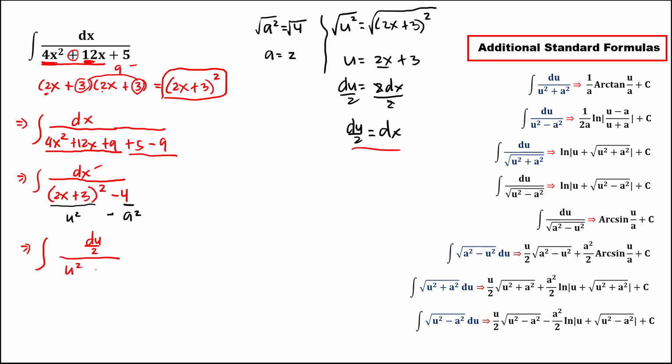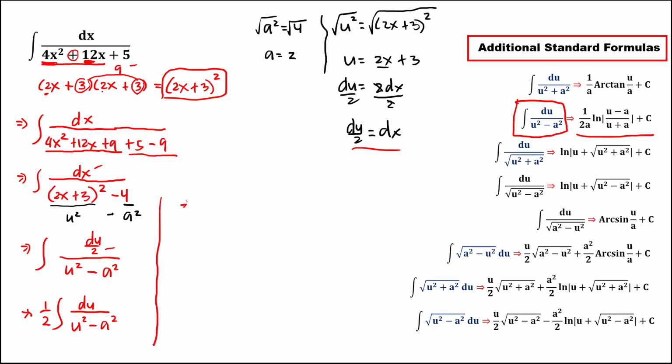This is equal to u squared minus a squared. Then we can put this denominator to the outside. So this is 1 over 2 then the integral of du over u squared minus a squared. So this is now our standard formula. And from this standard formula, this is now the integral.